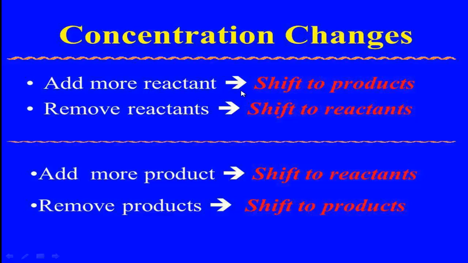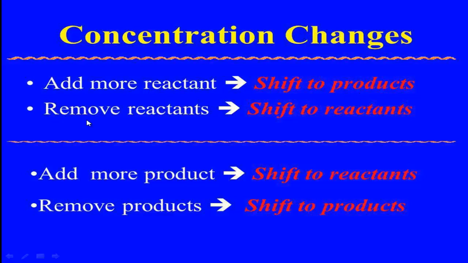Why? Because right side means the forward reaction rate will be increased. That means reactants should be converted into products. So in this way, the added amount of reactant is minimized due to the decreasing of reactant through the forward reaction rate.